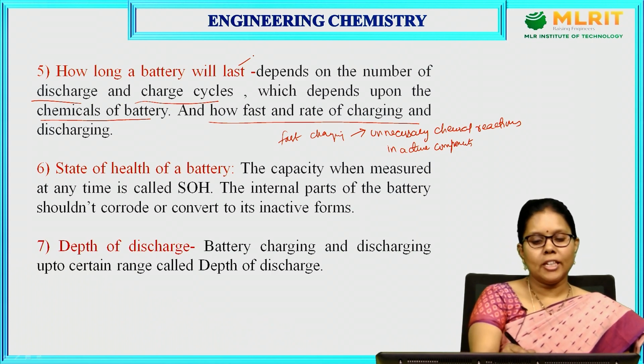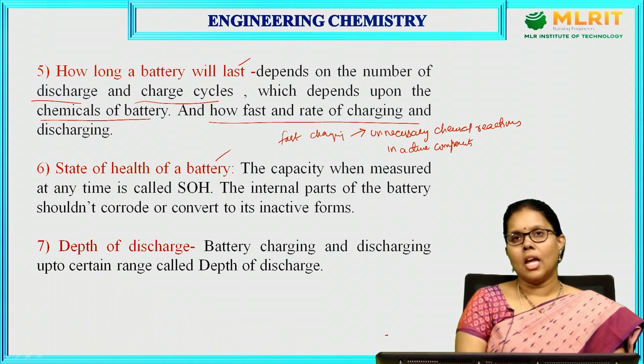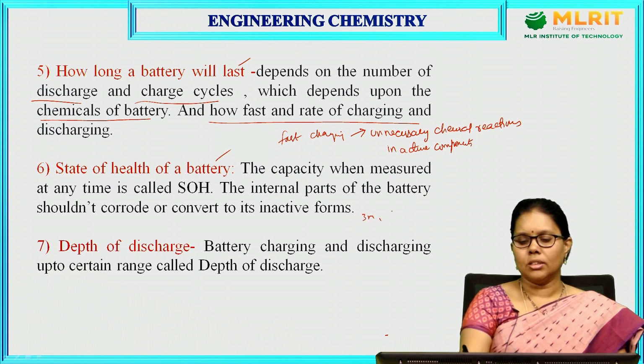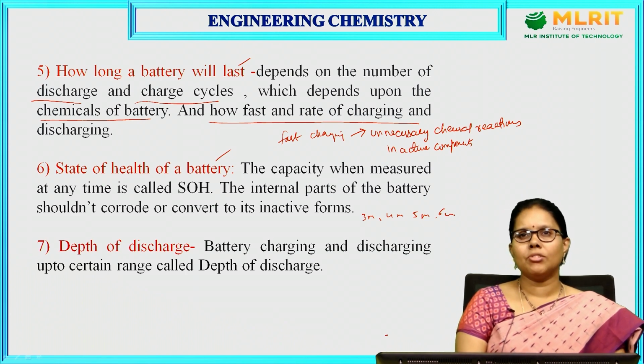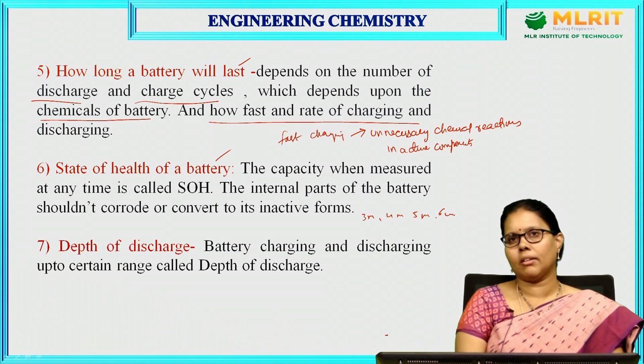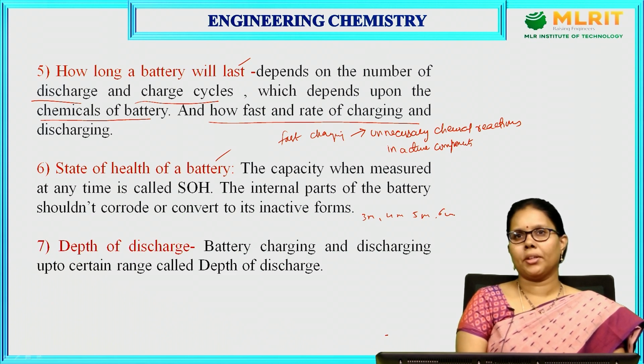Let us move to the next characteristic, the state of health of a battery. The capacity when measured at any time is called the state of health of a battery. I have checked a battery's state at 3 months, 4 months, 5 months and 6 months, and each month I have checked the capacity of each battery. It indicates the state of health of a battery.